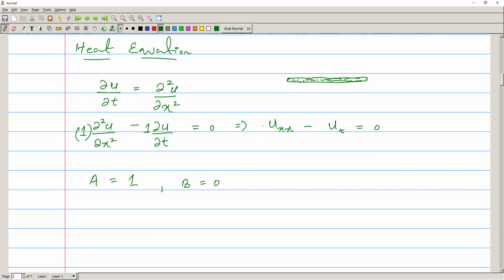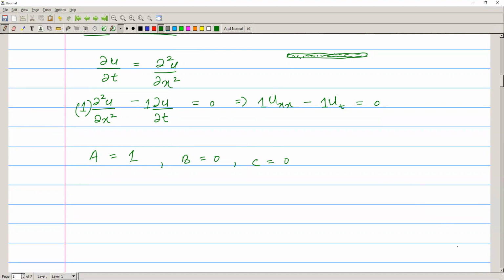We can write this equation like this also for our ease. So the coefficient of uxx is 1, ut is -1. So b is 0 and c is also 0 because there is no term of utt. So now we will apply b squared minus 4ac, and we can see that this is equal to 0 minus 4 times 1 times 0, which is equal to 0.